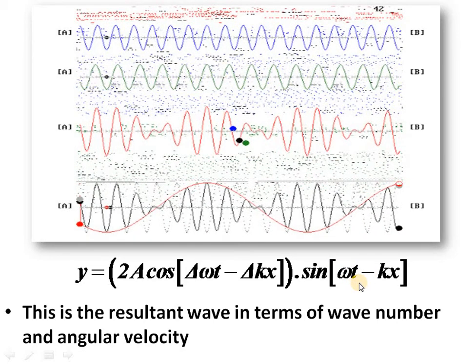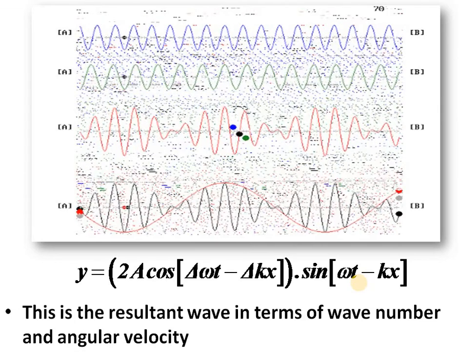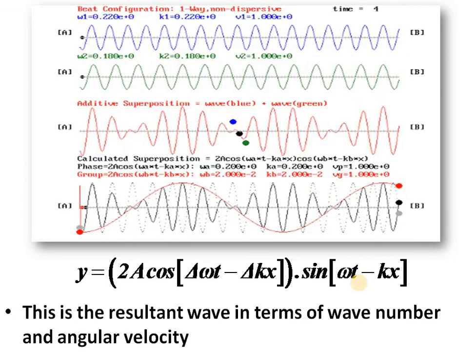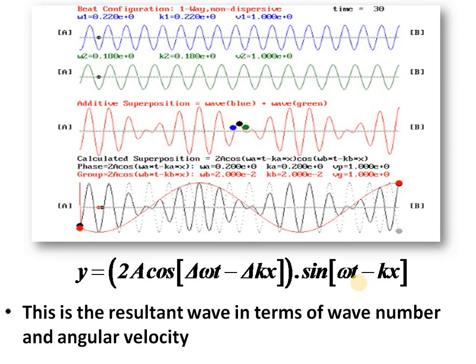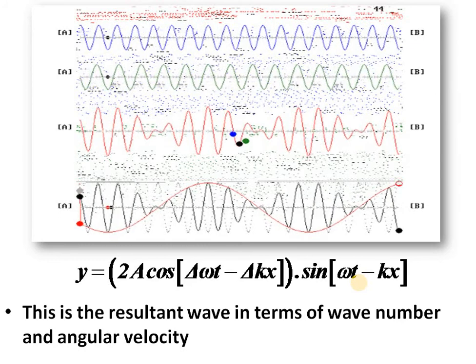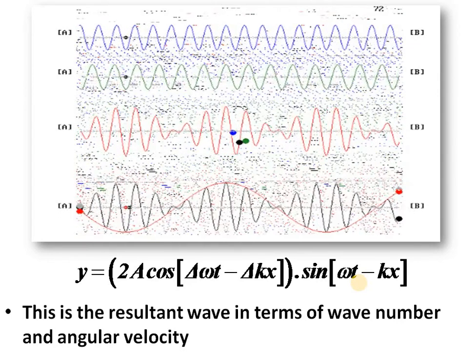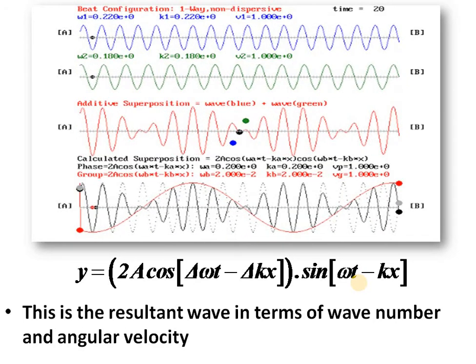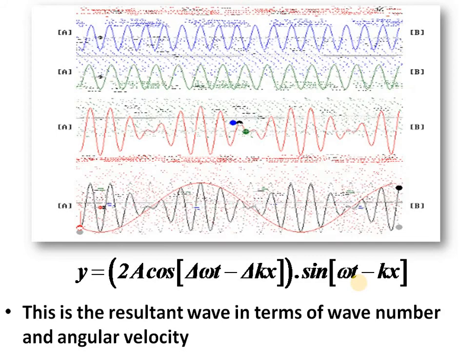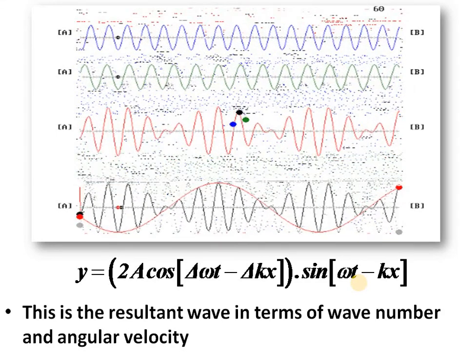And this is the resultant wave expression in terms of wave number. In the previous case we discussed in terms of wavelength only. Now we express them in terms of wave number, and this is more easily understandable. I hope you now have a clear idea both on the mathematical side as well as the physical side.